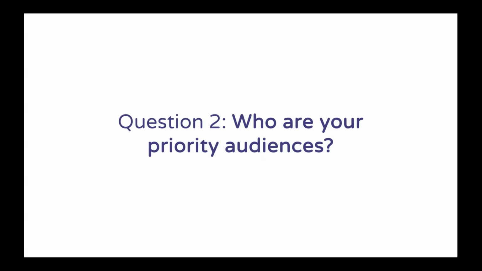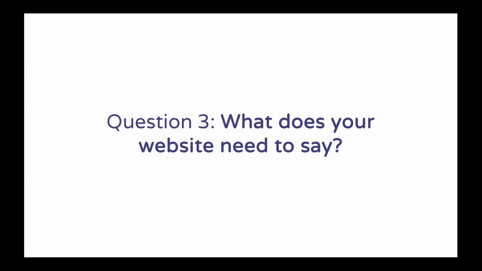Most organizations will have several. So try to break down the groups of people that you're thinking about. And then question 3, what does your website need to say? What are the key messages that it needs to communicate? You might want to consider in this case your organization's overarching key messages, if you have a brand or campaign platform that you've developed.